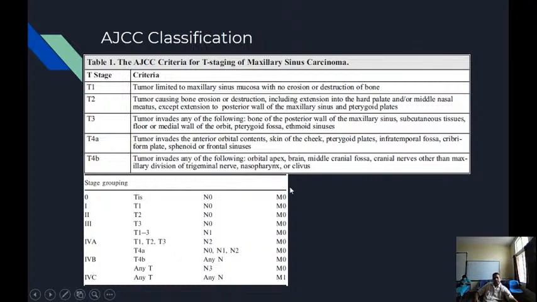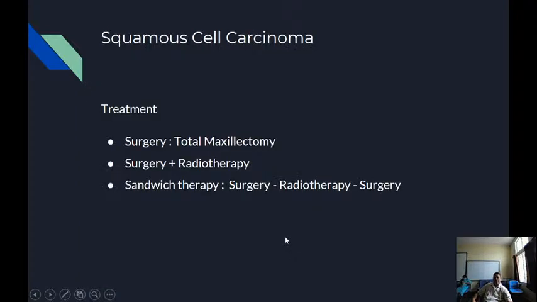This is how malignancies are classified: tumor size, then lymph node involvement, and the final staging. After the staging is done, we have various protocols that are described. For each stage, there are certain protocols that are followed, wherein the results are the best.